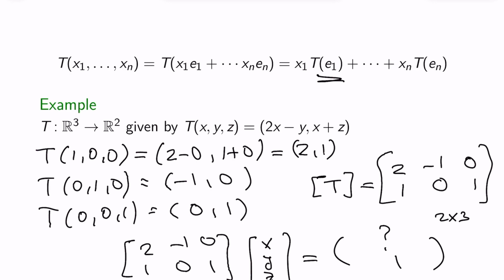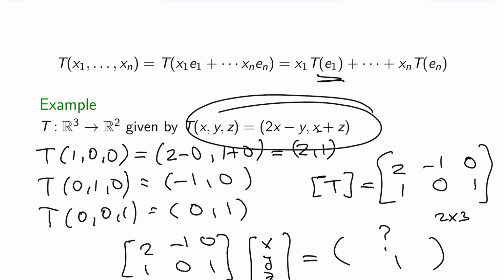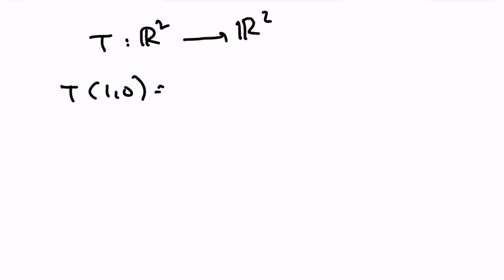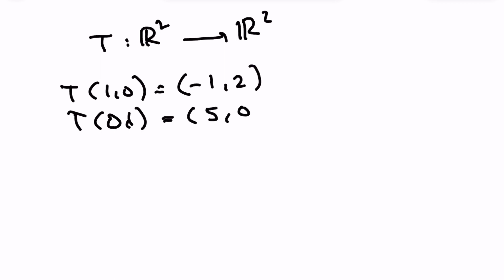Okay, so then we have a way to calculate the matrix associated to a transformation from the actual expression of the transformation. So if we have a linear transformation, let's say for instance from R2 to R2, and we are given that 1, 0 is transformed into the vector minus 1, 2, and 0, 1 is transformed into the vector 5, 0.